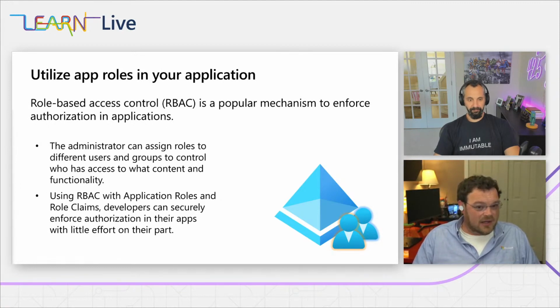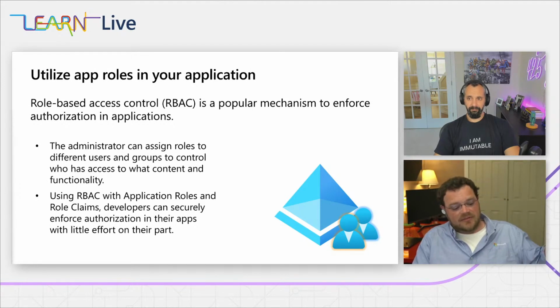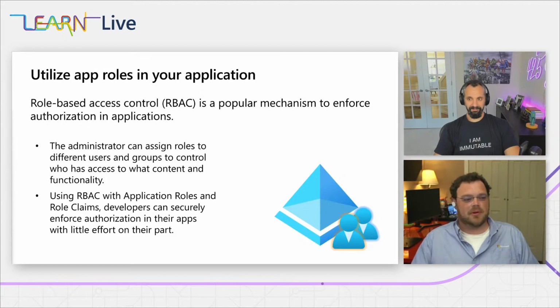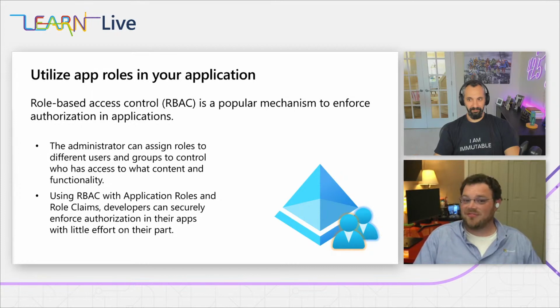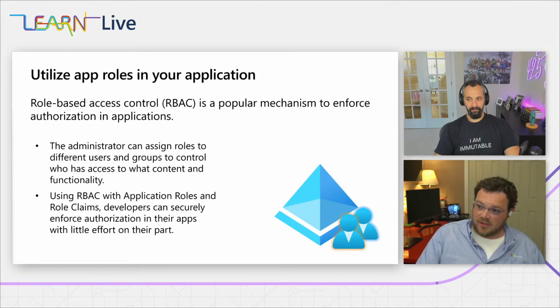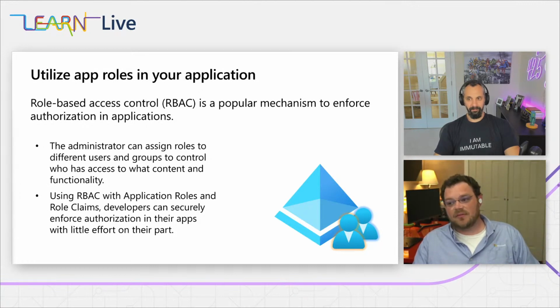What we have seen a lot of customers do is they create a group, and that group may be called product catalog users, and they may assign that group to the product catalog users role that they've defined for that specific application. So now those users are members of the product catalog users role by virtue of their group membership, but now the group membership can be managed independently of the names and the values of the app roles themselves.